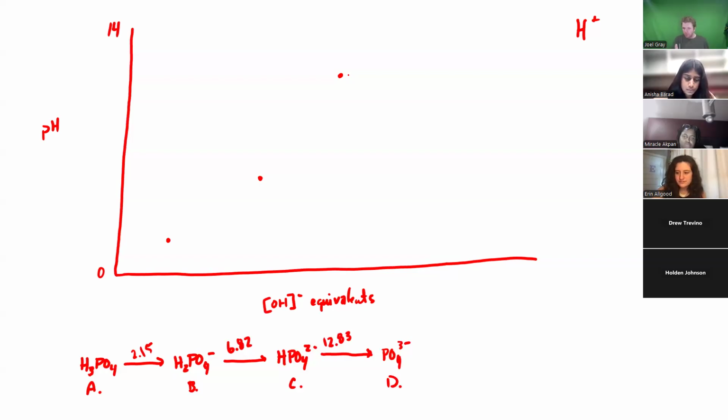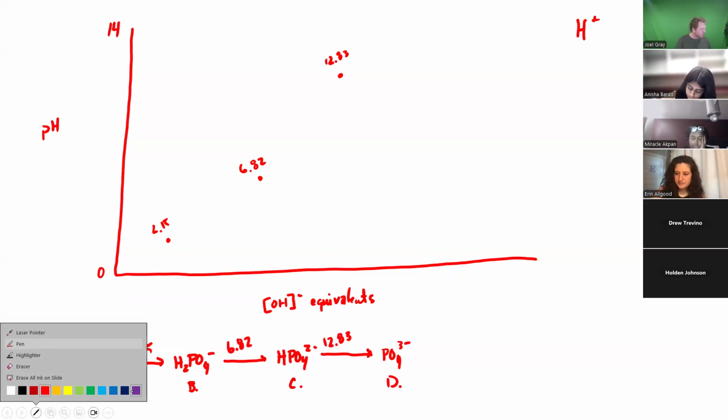Those dots, well, midpoints, also my pKa's. So I've got 3 different pKa's: 2.15, 6.82, and 12.83. If you remember drawing a titration curve, I'm going to switch colors just so I can make it more fun.